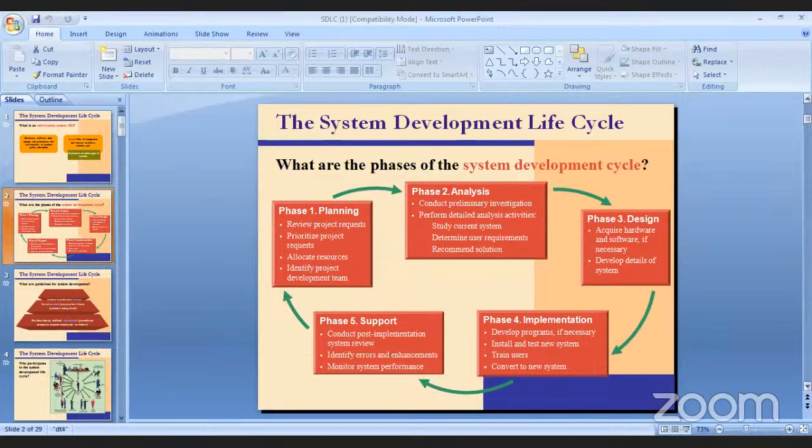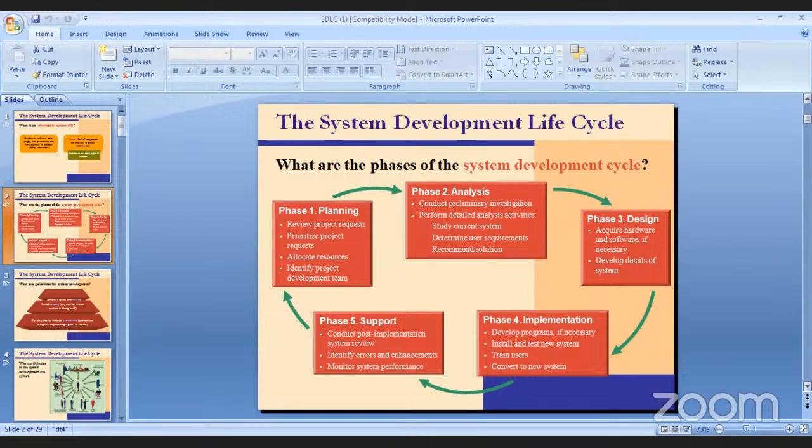So the SDLC consists of several steps, or you say phases, which will be followed sequentially, one after the other, step by step, in order to develop the new system or in order to incorporate the changes in the existing system.